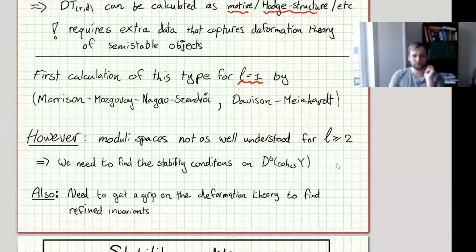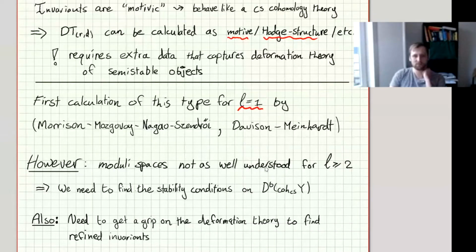Right. The thing is that their calculations use a very nice setup. These length 1 flops are just very well behaved, and we know very well what their moduli spaces look like. But as soon as you start going to higher lengths, this becomes quite difficult.